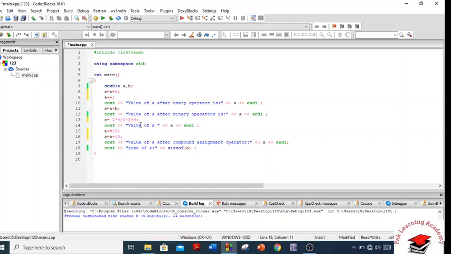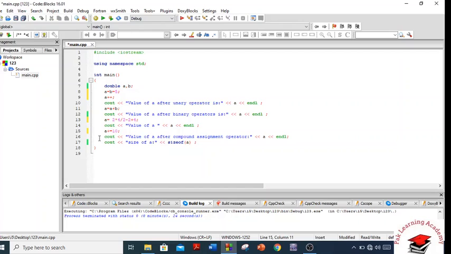Here the value of a would be this. By this calculation we get 6. Now 6 is stored in a, and here it means 6 plus 10 is equal to 16, and 16 would be stored in a. These are just different techniques of writing the statements.